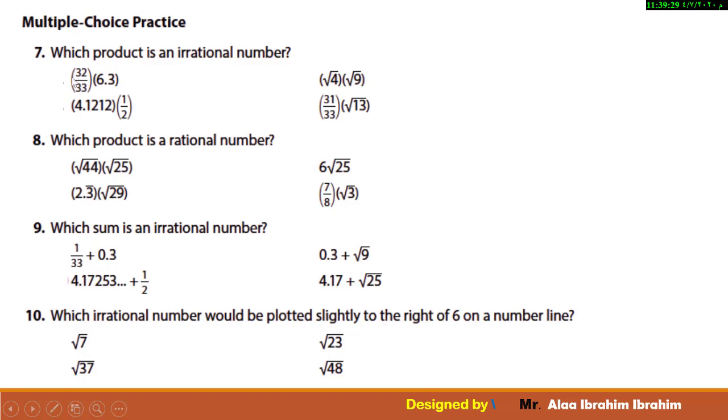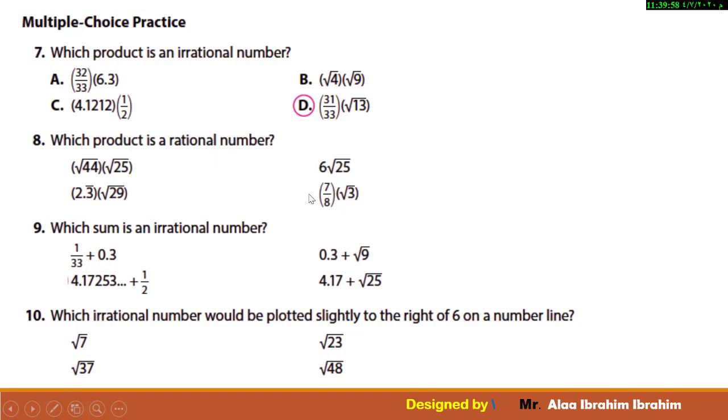This is a rational fraction, so this is rational, and this also 6.3, this also rational, so this gives you rational. So I try to find something not rational, like root 11, root 13, like this. Root 13 has no square root, so this is irrational. Irrational times anything is irrational. So my best choice here is this number, because this has an irrational number, something with no square root. Which product is a rational number?